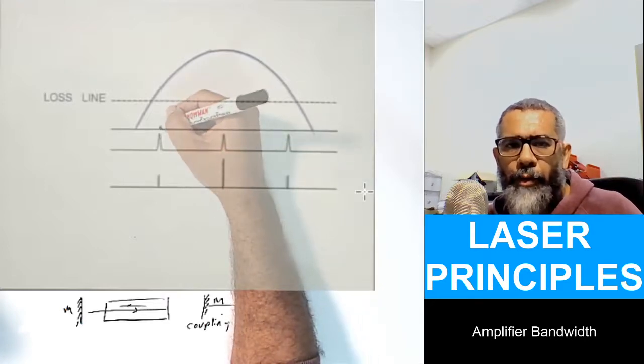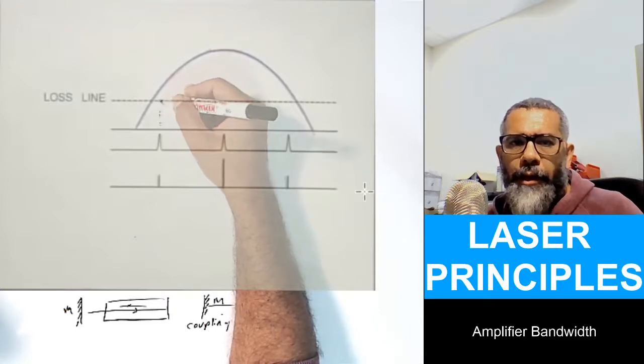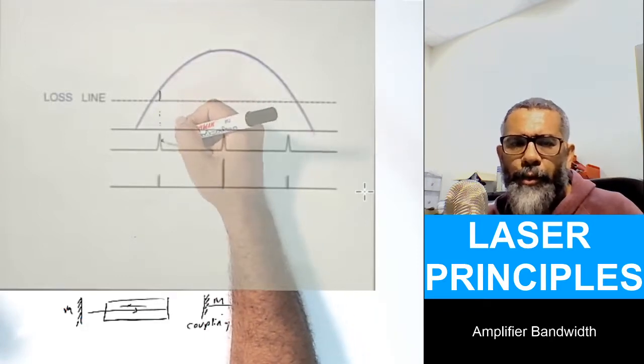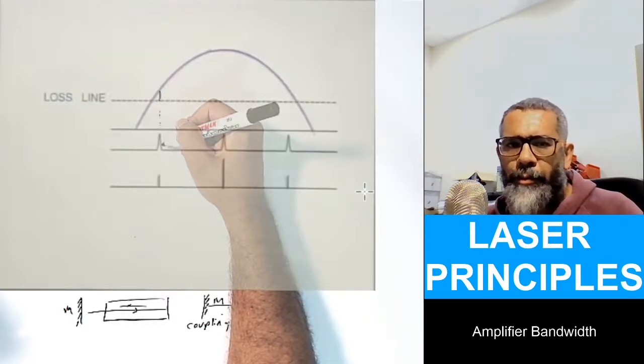Because if you draw a line just above it, you see it just crosses the loss line above, and this much of gain is provided to this frequency so that it can get amplified through these two mirrors.